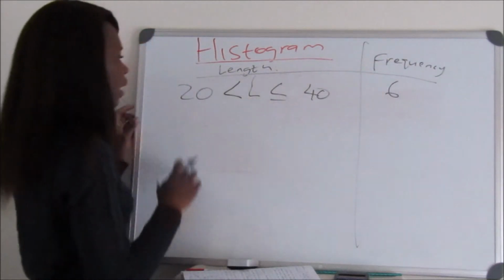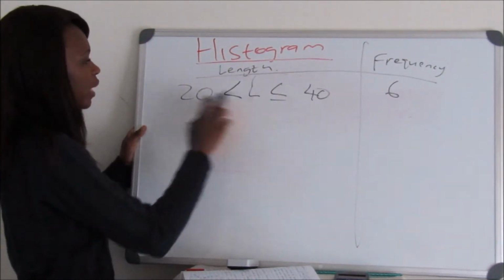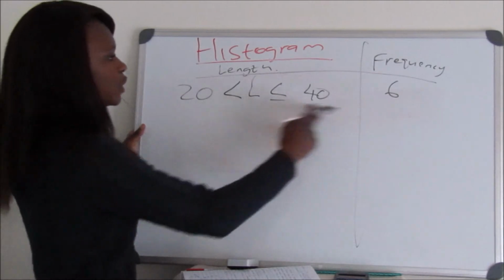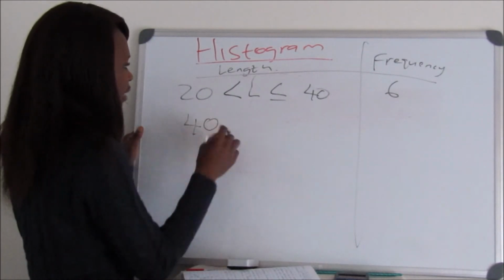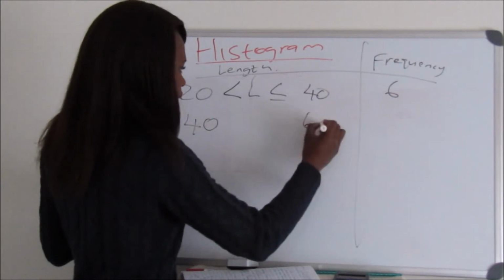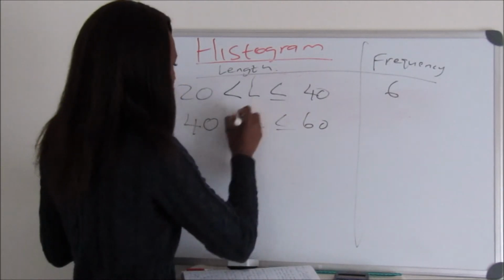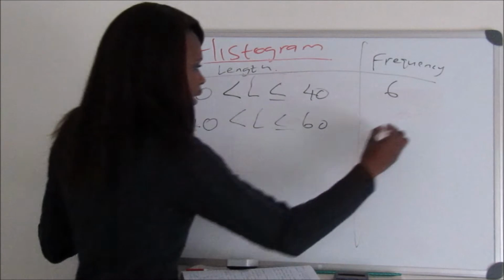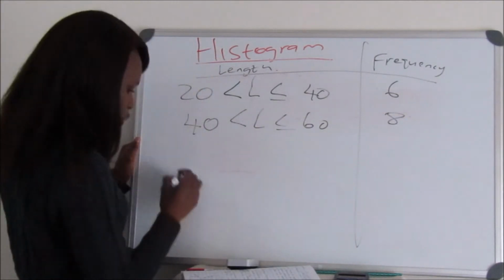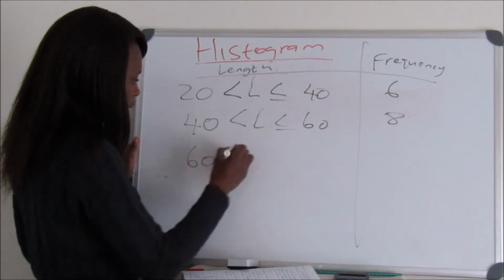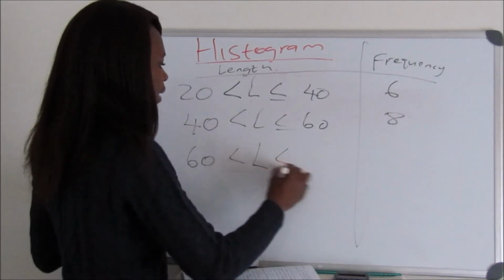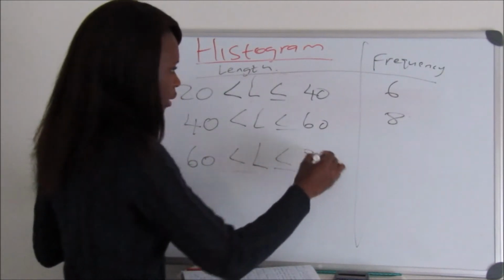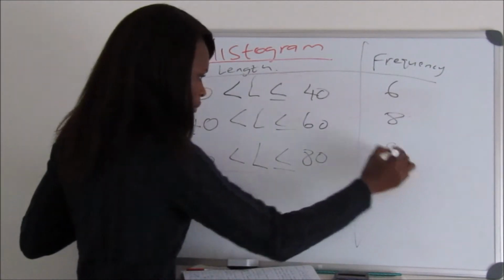Length and frequency. For lengths greater than 20 and less or equal to 40, they found there were 6. Those greater than 40 and less or equal to 60 were 8. Those greater than 60 and less or equal to 80 were 9.